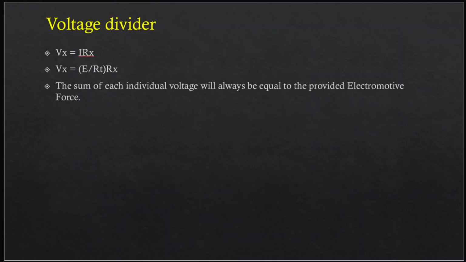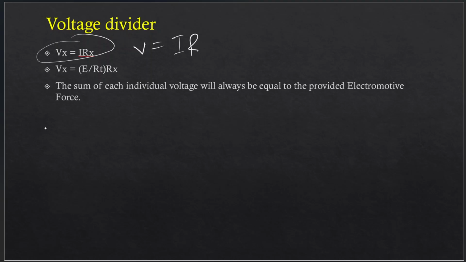So the voltage divider comes from Ohm's law. Okay, so I is equal to V over R, and so V is equal to IR. Now Vx means the voltage of any resistor in the circuit, or any load in the circuit, and then Rx means the resistance of that specific load. So from this we can find the voltage of any specific load.